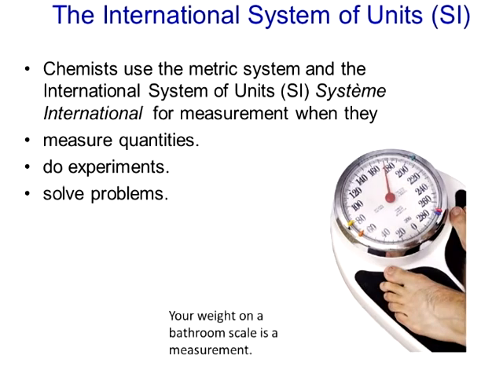When scientists record or report their data, a system known as the International System of Units, the SI system, is used. Chemists use the metric system and the International System of Units for measurements when they measure quantities, do experiments, or solve problems.